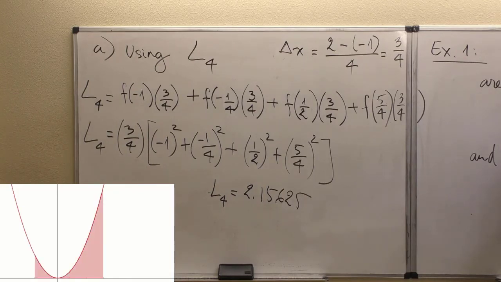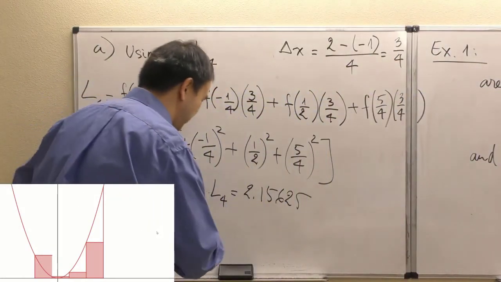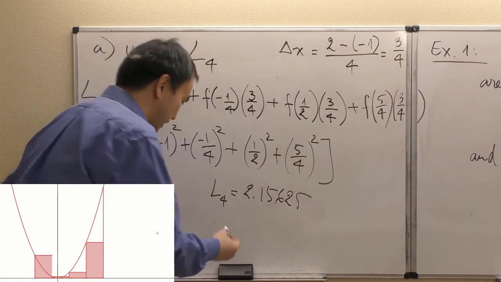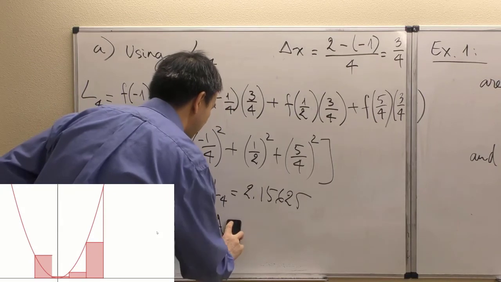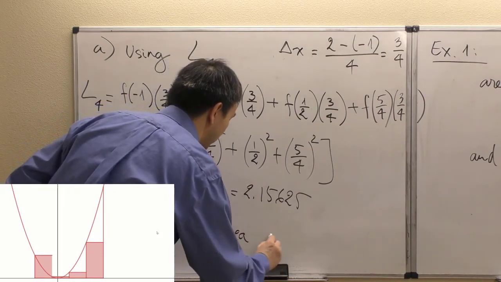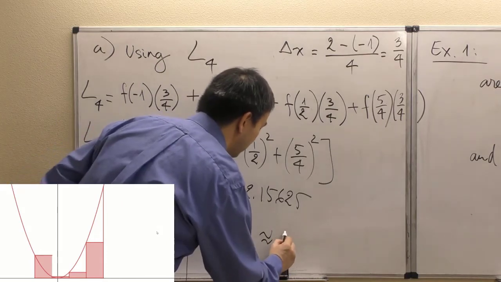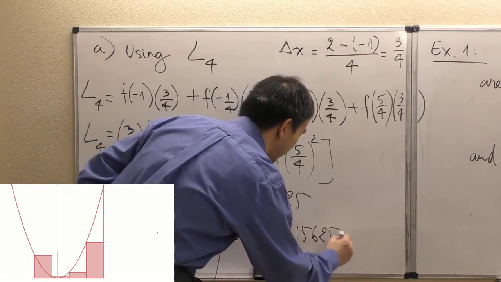All right, and so now in that way, all I can say here is that our real area, which at this point I don't know what that is, the area now is approximated by 2.15625, and that's now our answer.